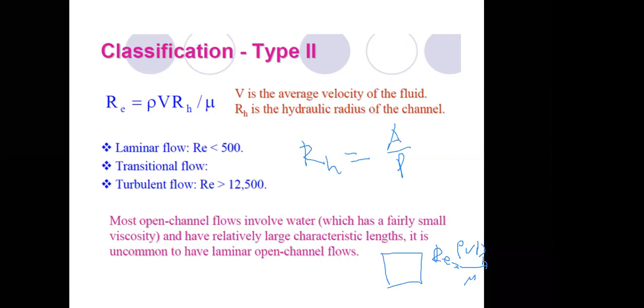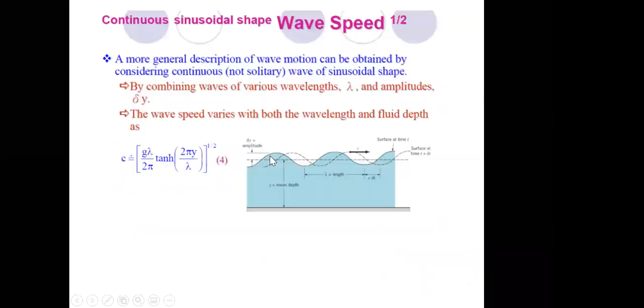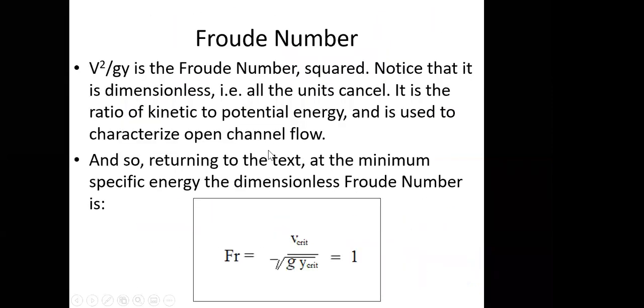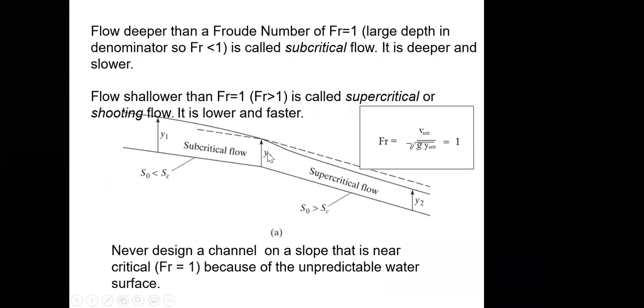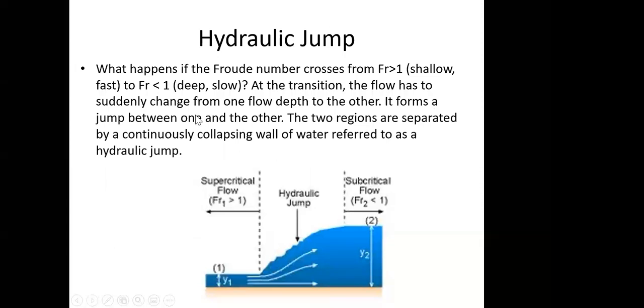Okay, we were at the critical flow. Now if we have a change in the Froude number, suddenly we will have what we call the hydraulic jump. As shown in this figure, there's a change of the Froude number from shallow and fast to deep and slow.